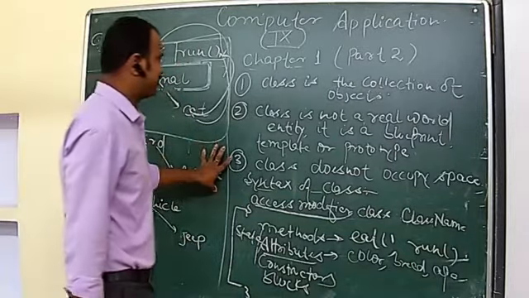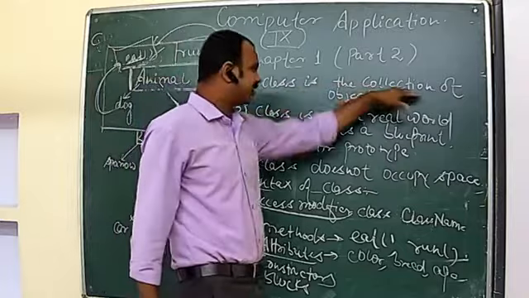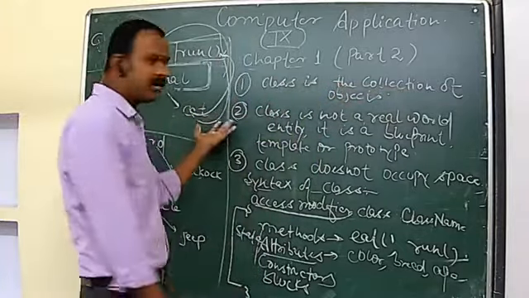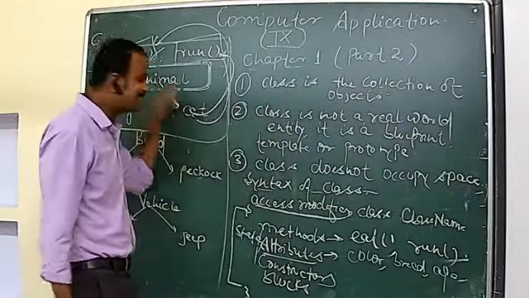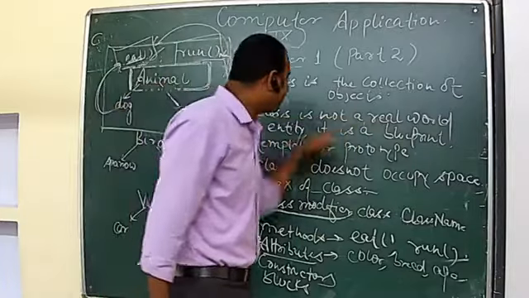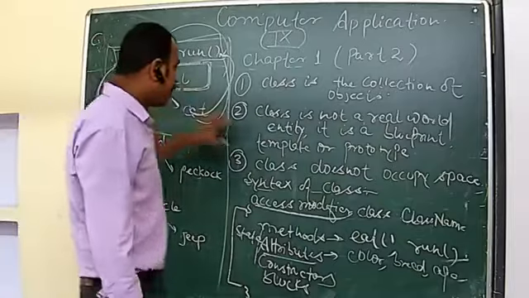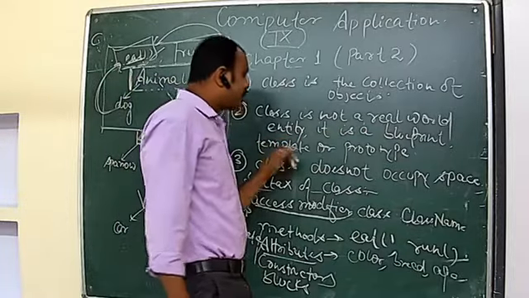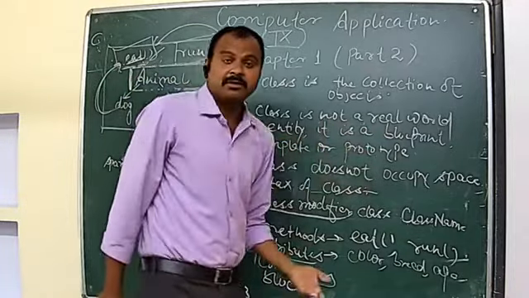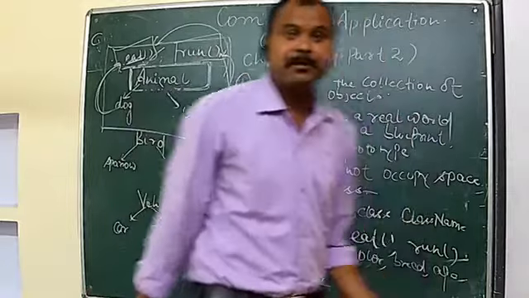Class is a collection of objects. Many objects can be created from a particular class. Class is not a real world entity because it is a conceptual thing. It is a blueprint or template or prototype from where many objects can be created.